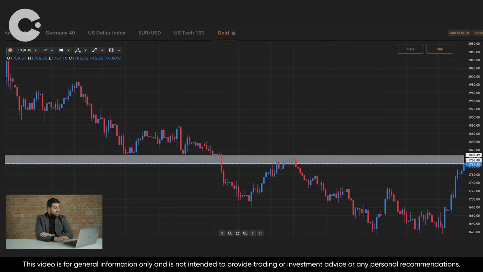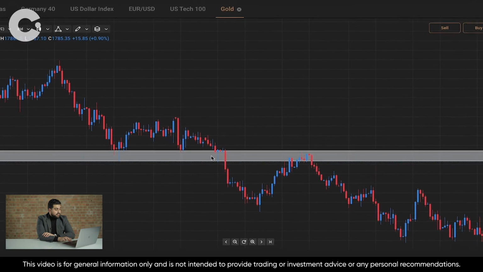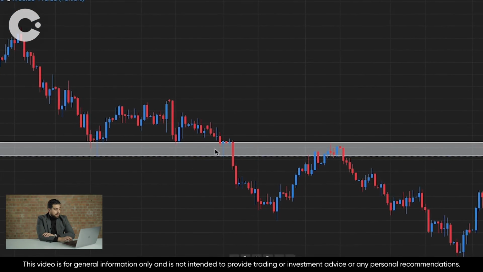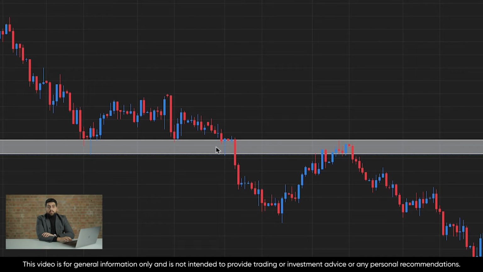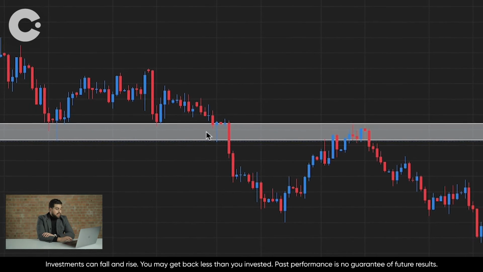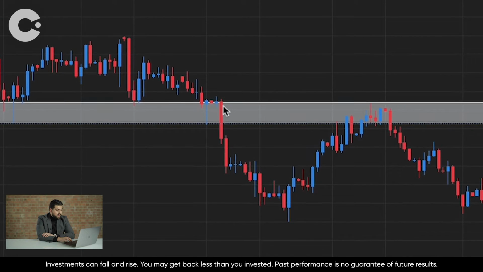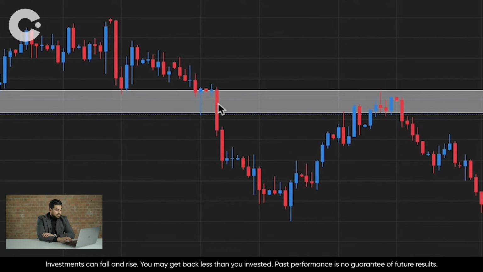So if we look at this chart here, this is gold, and this is the 1 day chart, okay? Now you can see this support zone, okay? Now, the aggressive approach will be to wait for a candle close below this zone, okay? So that's when a candle closes below this zone. We'll take this candle here as an example, okay?